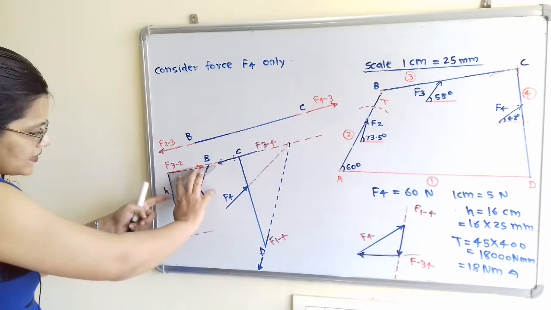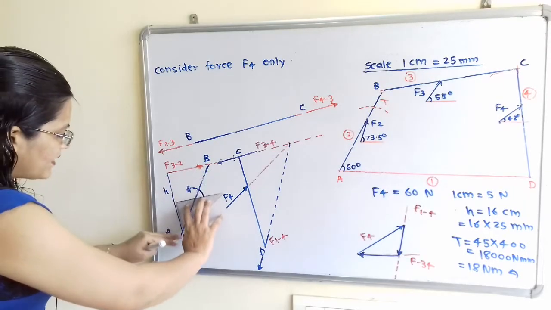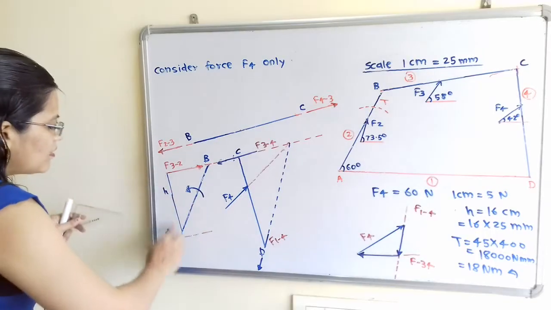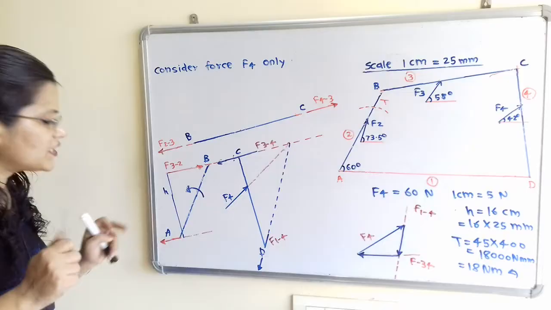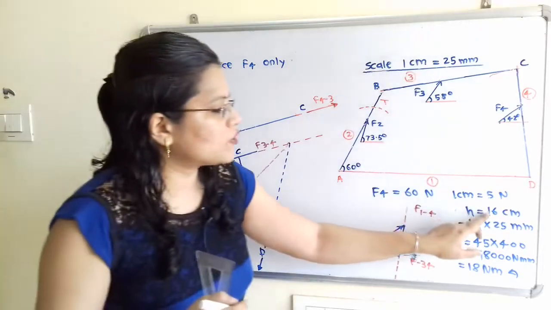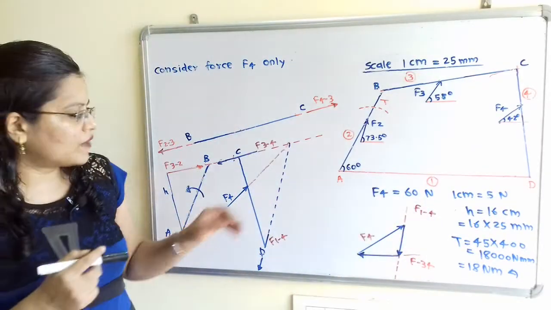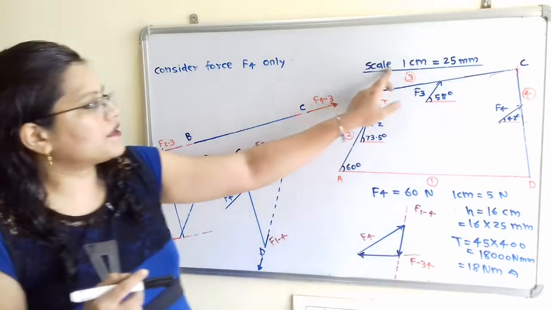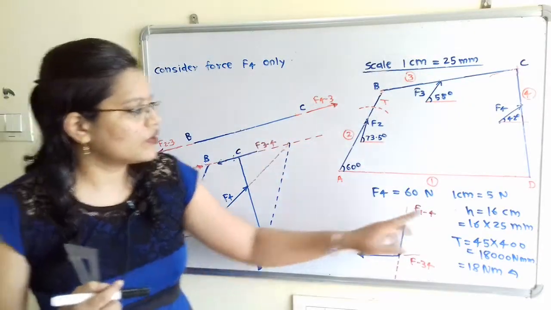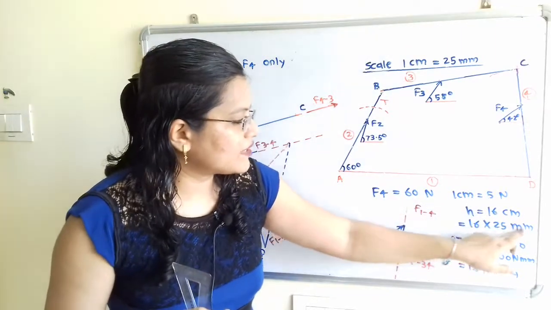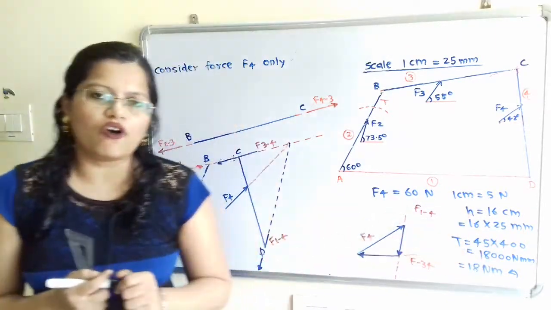So we have to extend this line, and then this will be the perpendicular distance, that is h. If we measure this with a scale, h is equal to 16 centimeter. But we have drawn this diagram as per the scale 1 centimeter is equal to 25 millimeter. So 16 multiplied by 25 millimeter is the value of h.